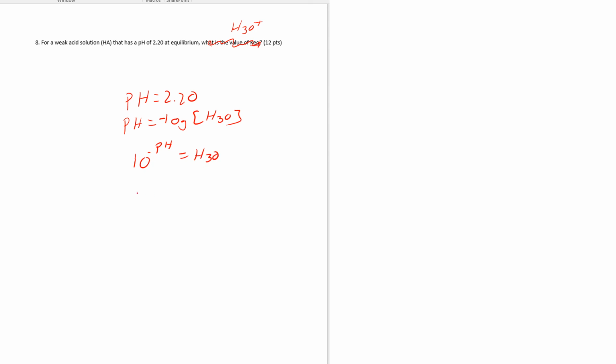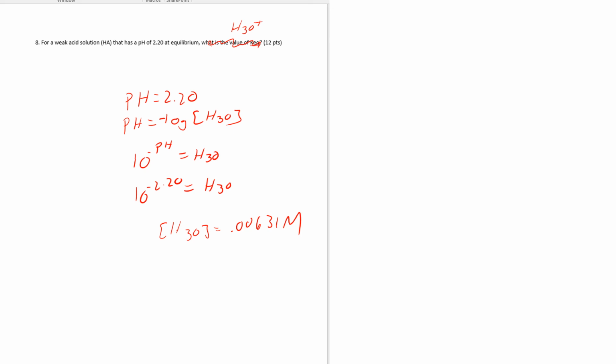That's what I was looking for. So 10 to the minus 2.20 equals H3O plus, so H3O plus is 0.00631 molar.